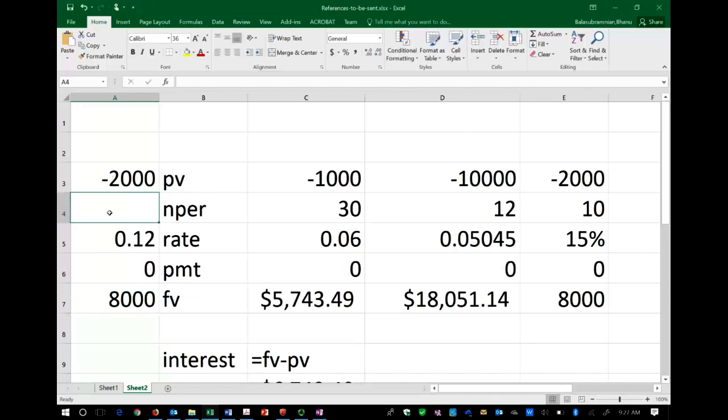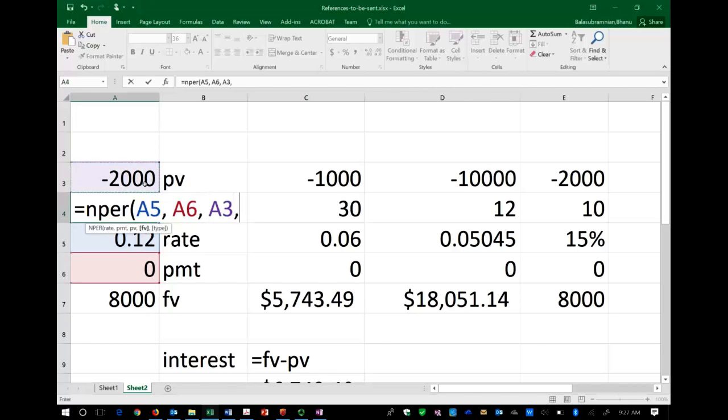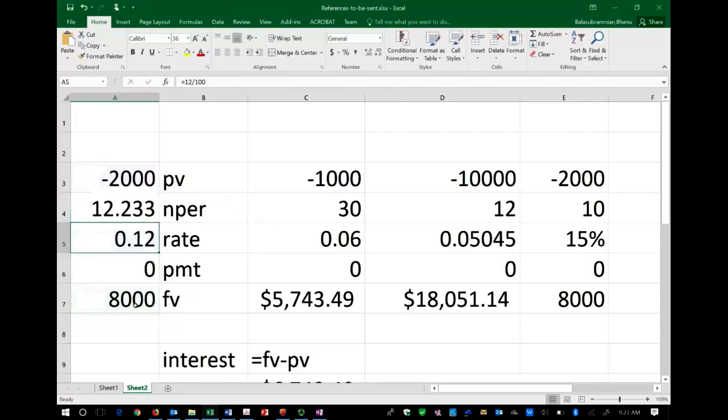Now I have to calculate the number of periods. First will be the rate, next will be payment, next will be present value, next will be future value, 0 is default. So I will have to wait 12.233 years. Is everybody getting that answer?